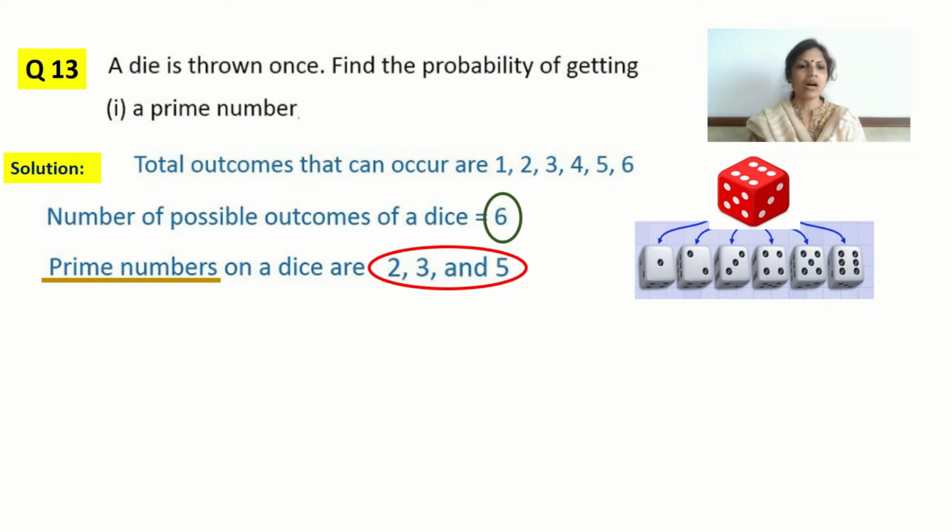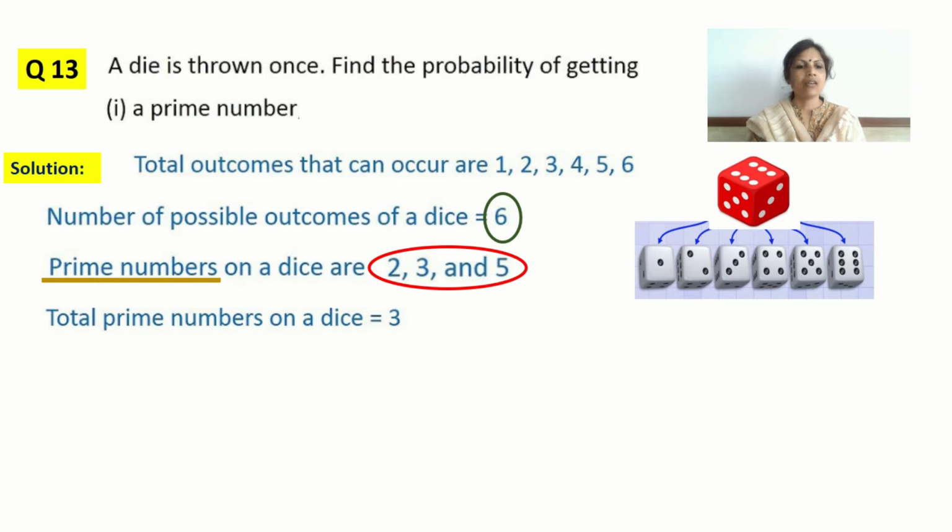Now coming back to our sum, that we have to find the probability of getting a prime number, and in our data we have the prime numbers as 2, 3 and 5. So these are 3 prime numbers. We will write like that. Total prime numbers on the die are 3.